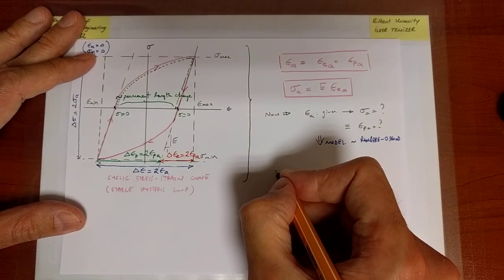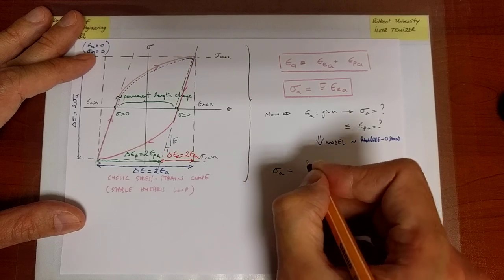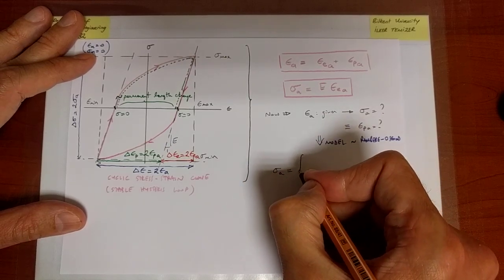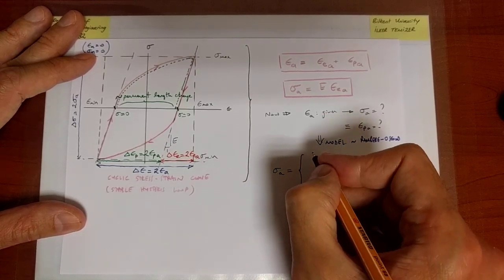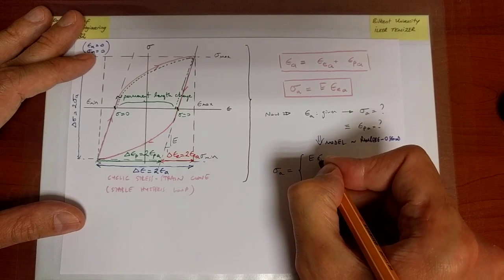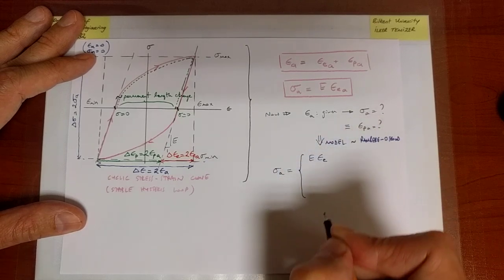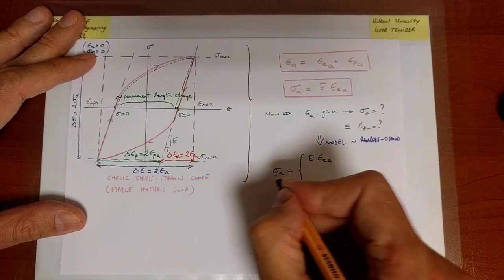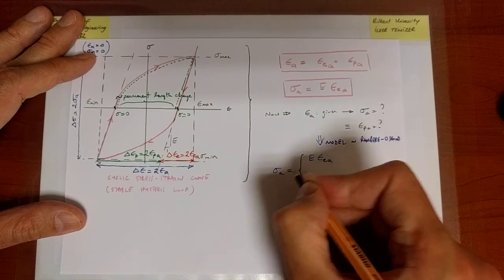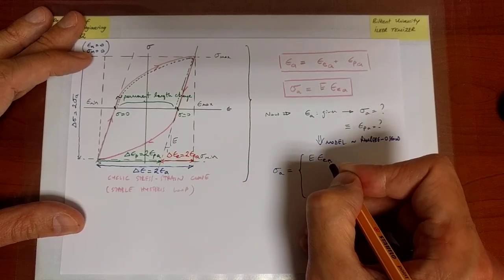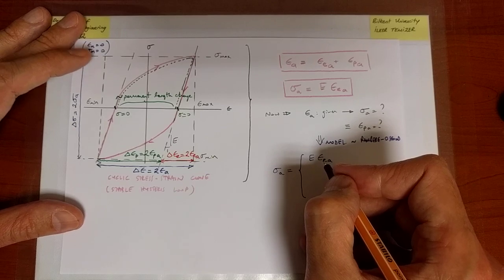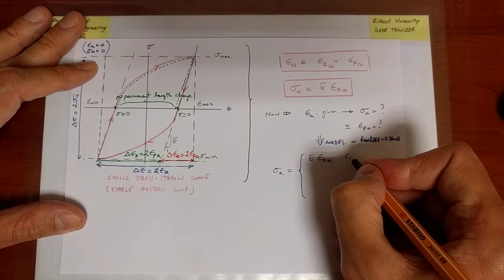And the Ramberg-Osgood relation, remember, works as follows. Now, first of all, if we'd like to calculate the stress, then the stress is always the Young's modulus times the elastic portion of the strain. Of course, we're only referring here to the amplitudes because that's what's given. The mean, remember, is actually equal to 0. So this is always true.